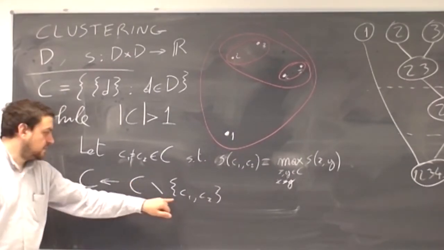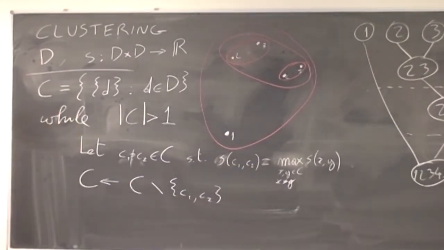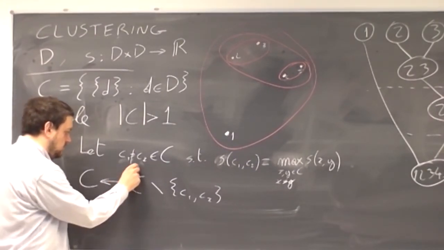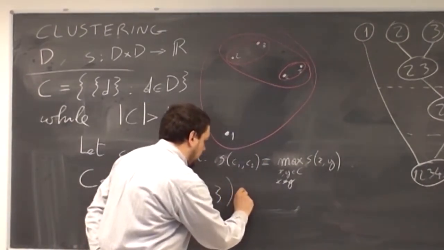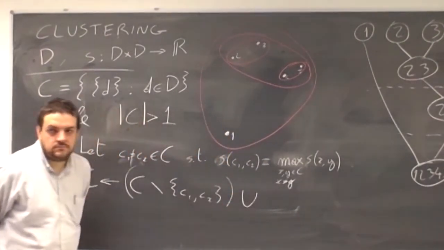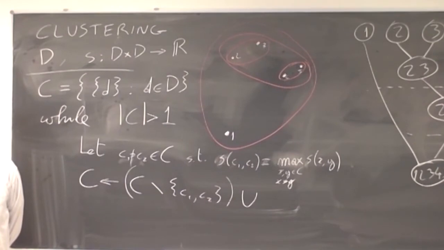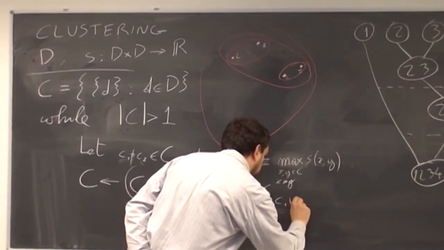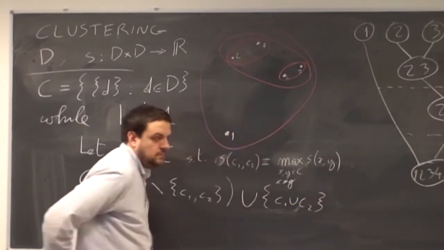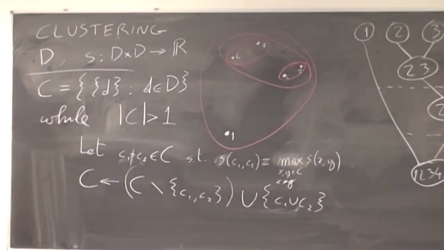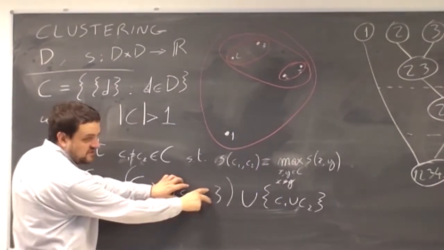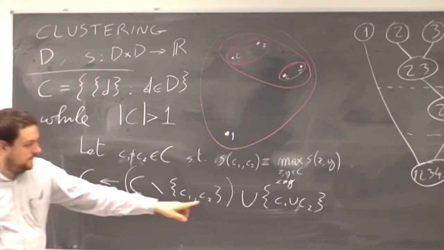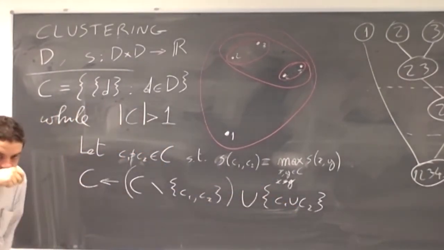So I take C, I remove these two from C, and I add the set containing their union. Okay, I remove the two separate sets C1 and C2, I merge them together and I add them to C.